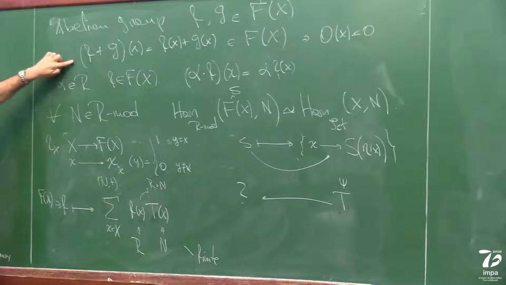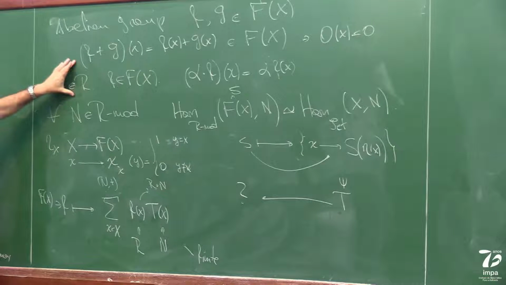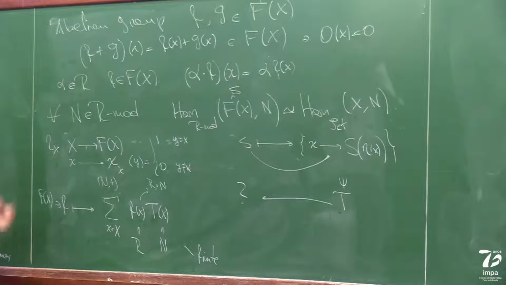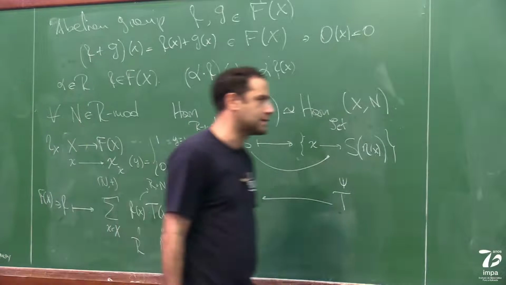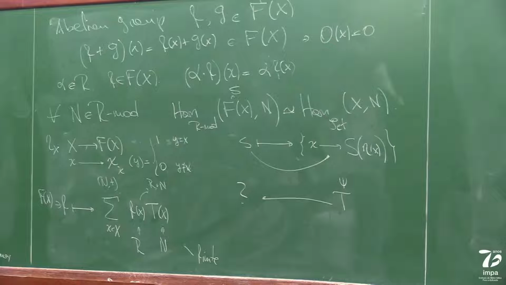But then the properties of the addition and the action were inherited from the similar properties of R itself, which is an R-module over itself. For Lie algebras, that's not exactly the same. And I suppose Jethro is going to prove the existence of free Lie algebras in the next class.